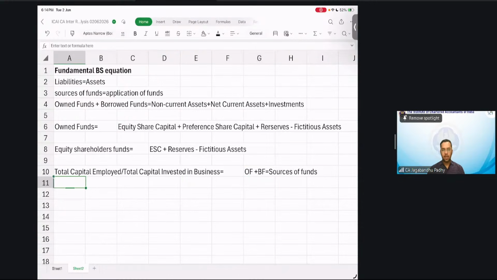Okay. And one more important part is, any idea what we mean by net current assets? What do you mean by net current assets?